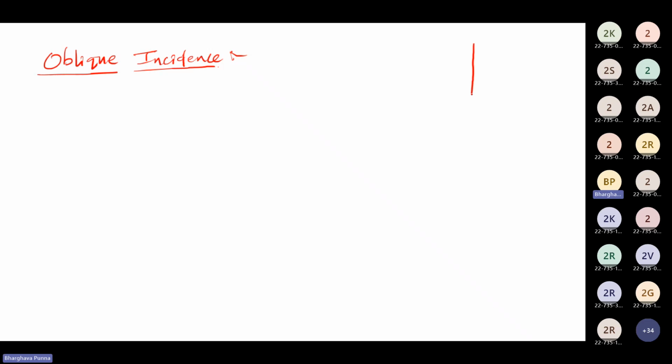Normal incidence means what we have taken. It is the boundary, and in the explanation I have taken the xy plane as the boundary. The x-axis, the line you are seeing vertically, is the x-axis, and y is coming out of the screen. Then z is normal to the boundary, like this we have taken.